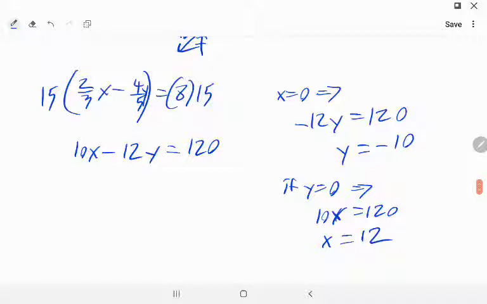So same result. It's one of those cases where we have to work a little harder with bigger numbers, but conceptually it ends up being a little bit more straightforward. We don't have to work quite as hard.